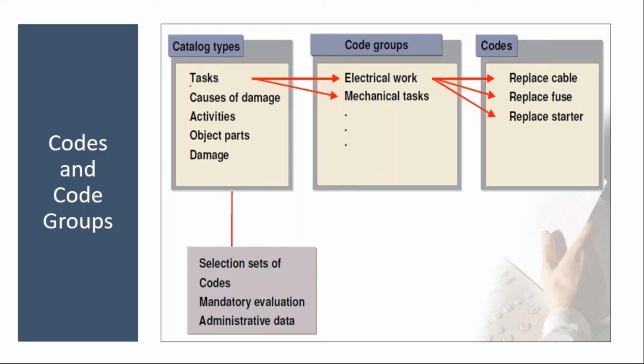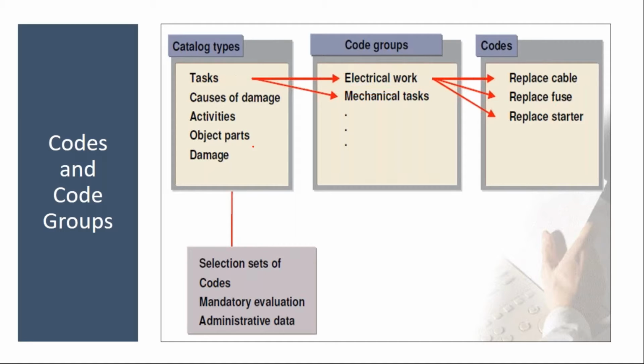Suppose you take task as the catalog type. In that you have electrical work and mechanical tasks. In the electrical work, what kind of work are you doing? Replace cable, replace fuse, replace starter. All these codes are clubbed into this code group, electrical work, and this electrical work belongs to the catalog type task. What task you are going to perform?